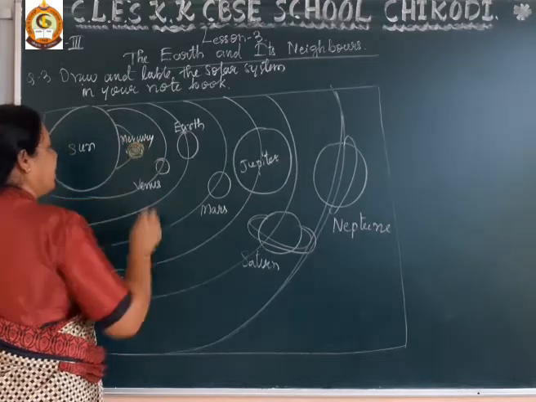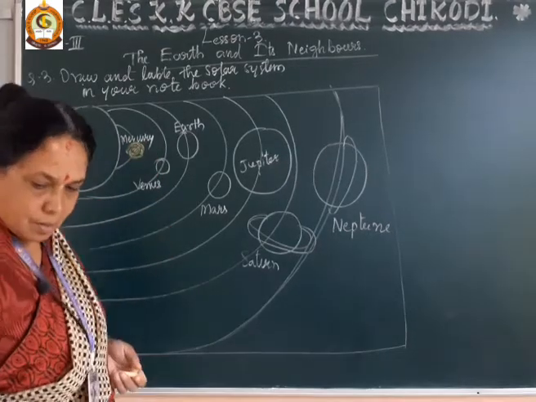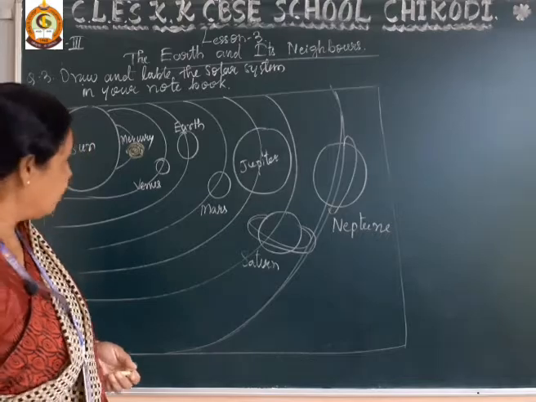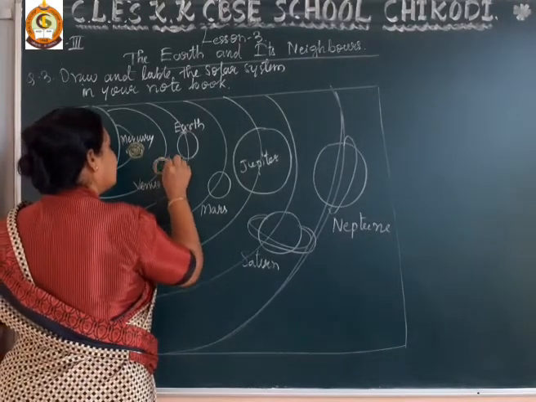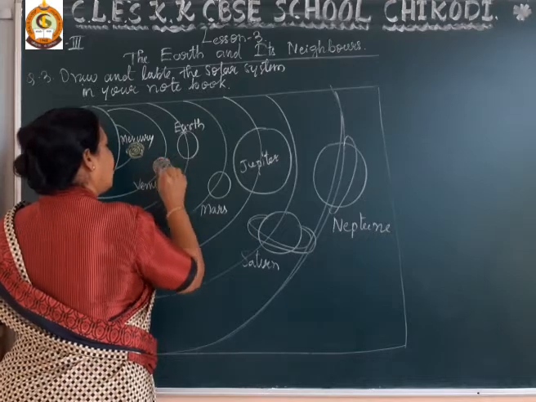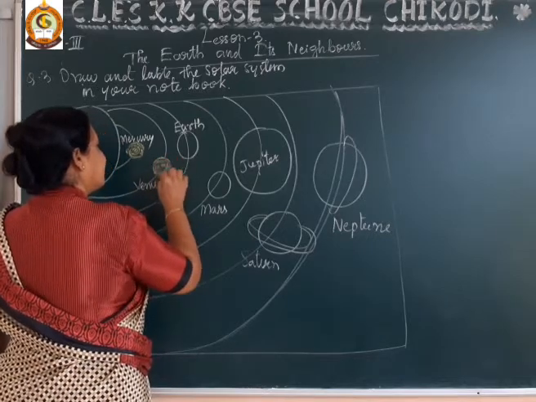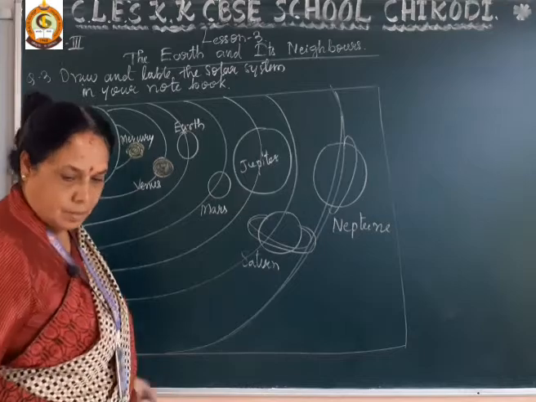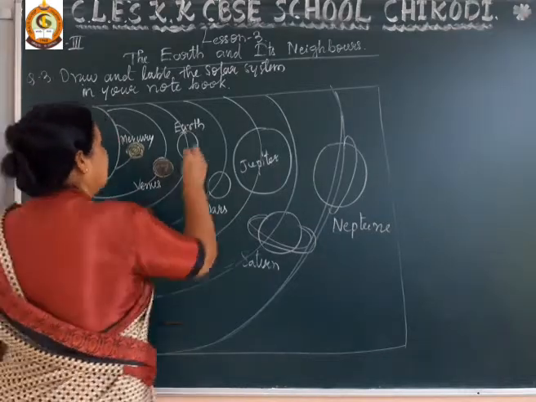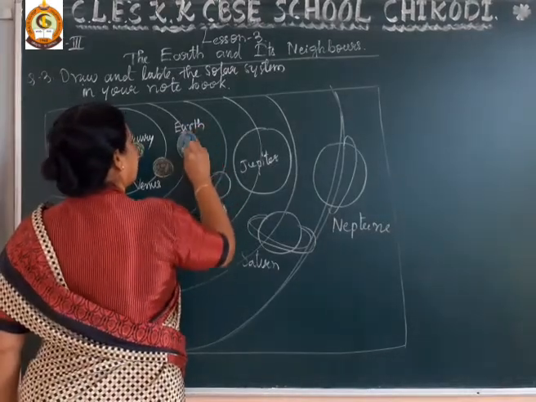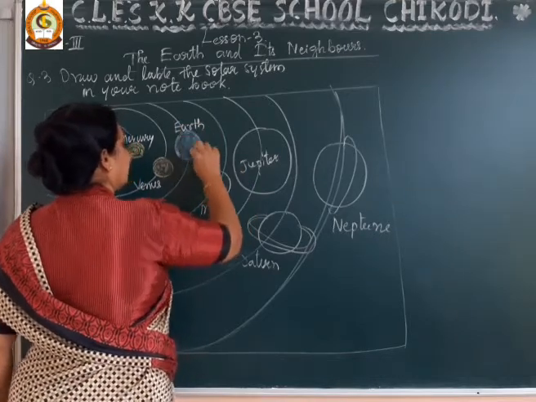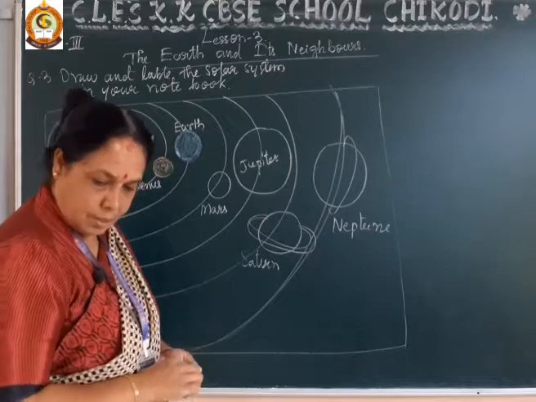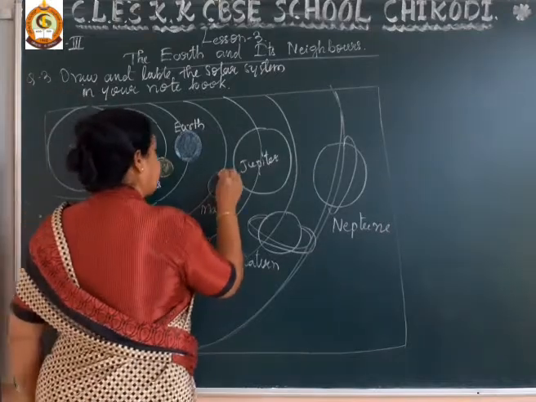This is Mercury. And this is Venus. This is the hottest planet. Then our Earth is the blue planet. Next, Mars is the red planet.